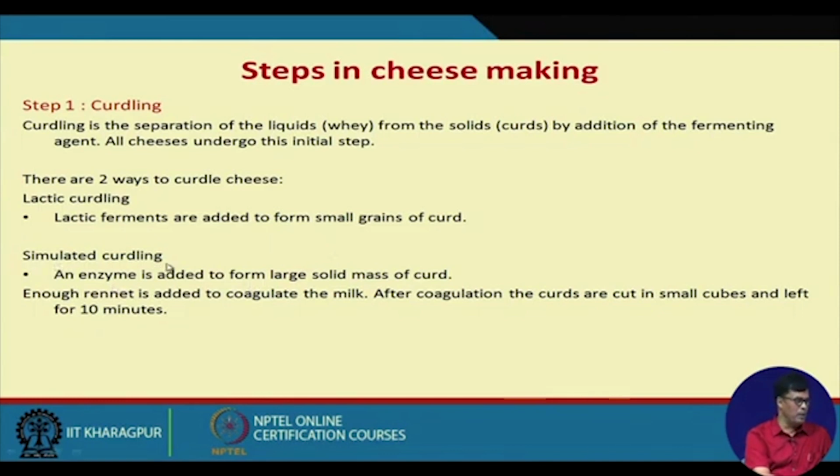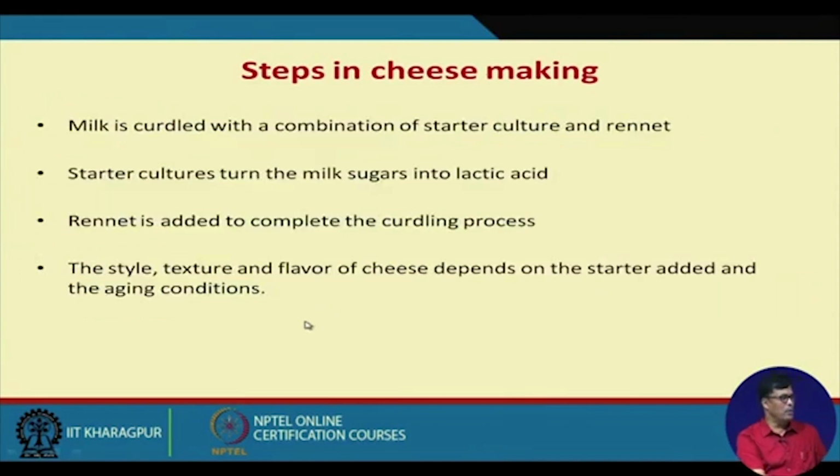In the simulated curdling process, an enzyme we call rennet is added to coagulate the milk. The milk is curdled with the combination of starter culture and rennet. Both are required for the separation of milk protein and fat. Starter culture turns the milk sugar to lactic acid. Rennet is added to complete the curdling process.